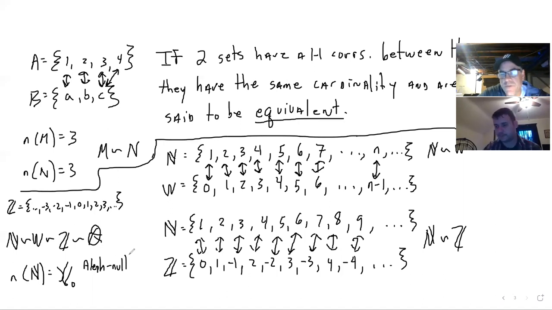Now, this is where it really gets mind-blowing. I'm not going to go into it, because we're not testing on it, and you would never really go this far. What you will do is show the sets of numbers in an elementary setting.